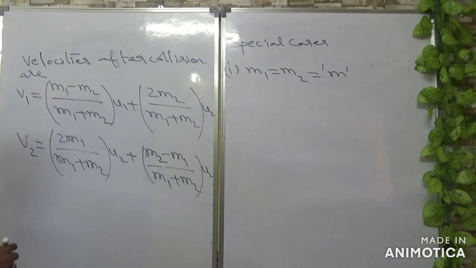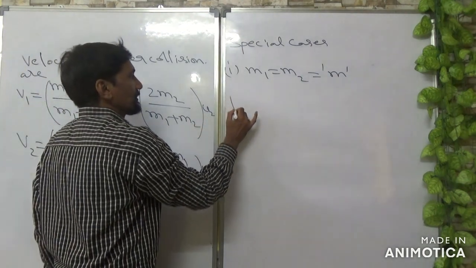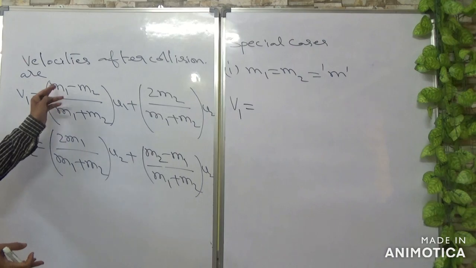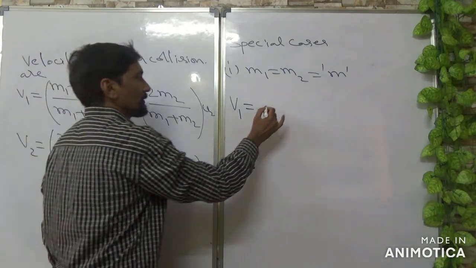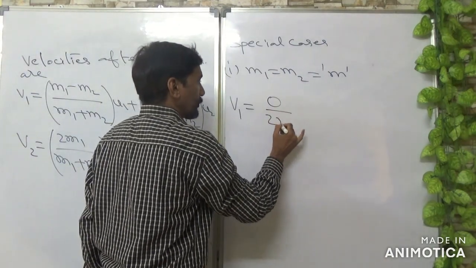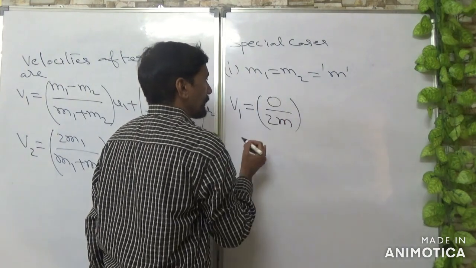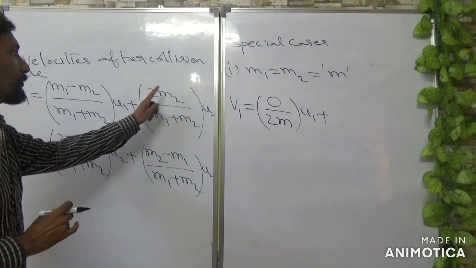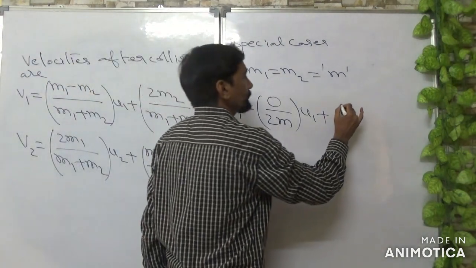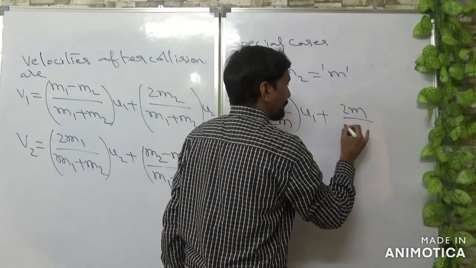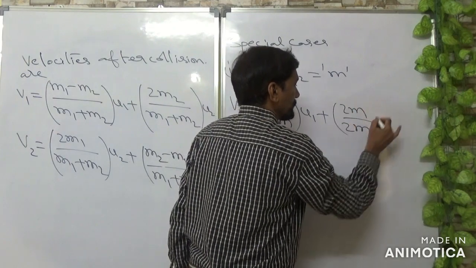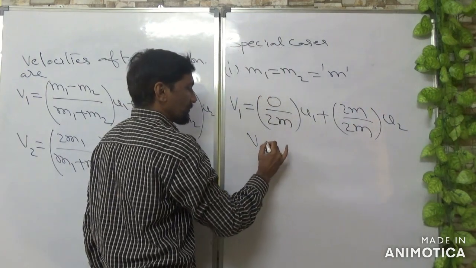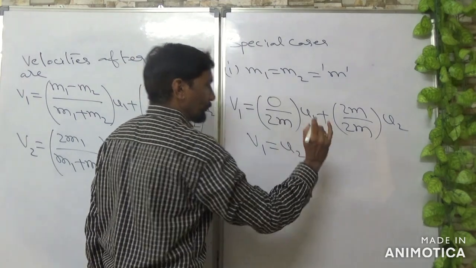So put m1 equal to m2 equal to m. The final velocity of the first body is m minus m, that is 0, by 2m into u1, plus 2m by m1 plus m2, which is also 2m, into u2. So you can write v1 is equal to u2.